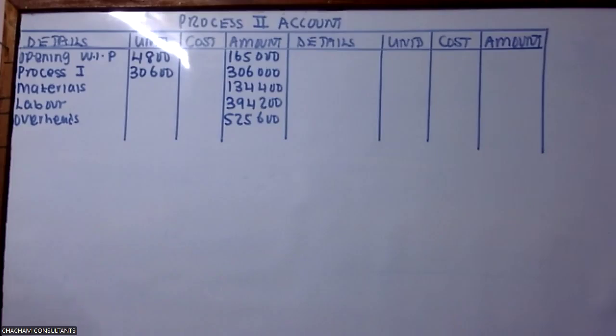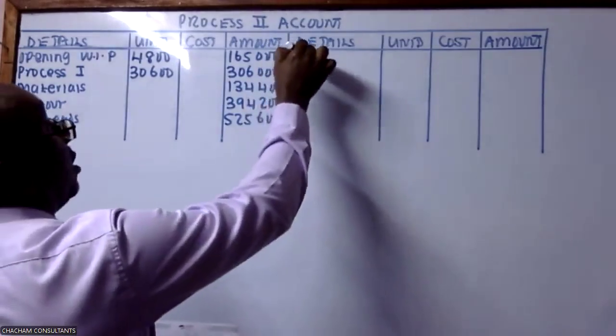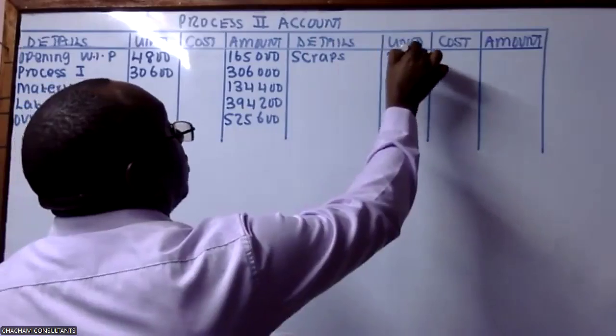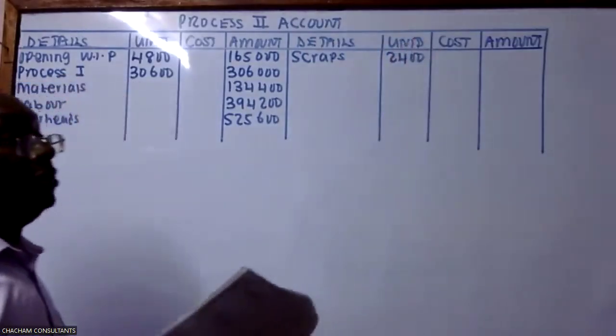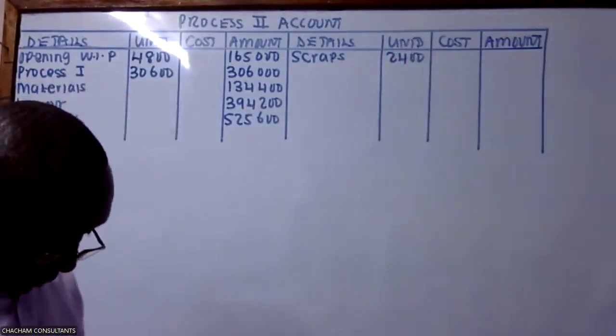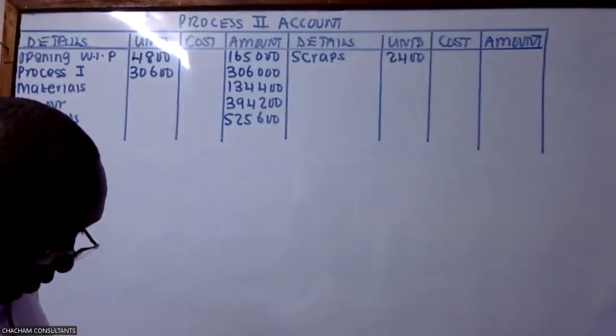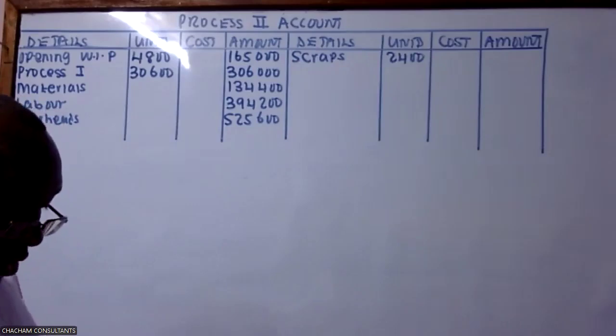So sasa, the next thing tunaambiwa, the units scrapped were 2,400. So scraps, we come and bring them here. Scraps 2,400. The degrees of completion we are given. The closing stock.